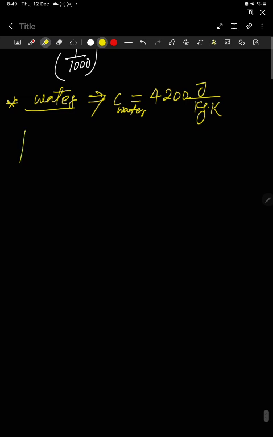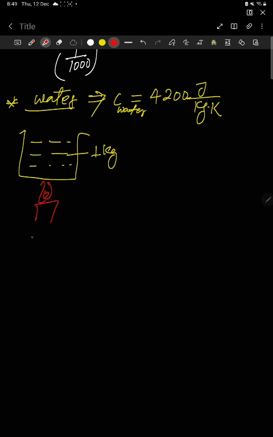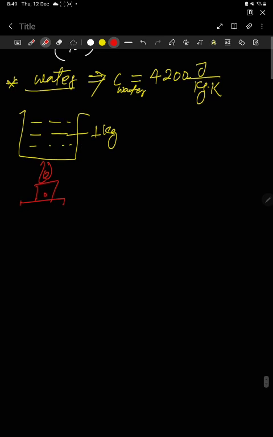Suppose we have 1 kg of water and I have to increase its temperature by 1 degree Celsius.